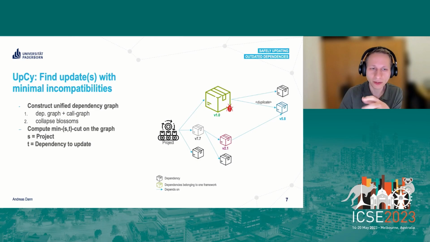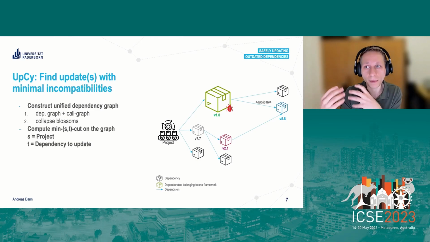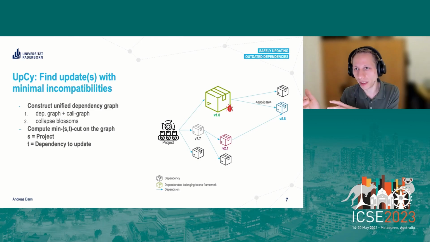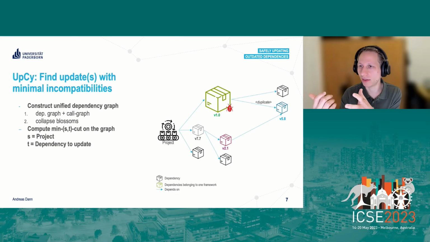And to identify compatible updates or updates with minimal incompatibilities, we actually compute a min-st cut on the unified dependency graph. So we try to find a separation into two partitions, one containing the project and another one containing the library to update, with cutting only minimal edges. Because each edge represents an API invocation from that library to another.